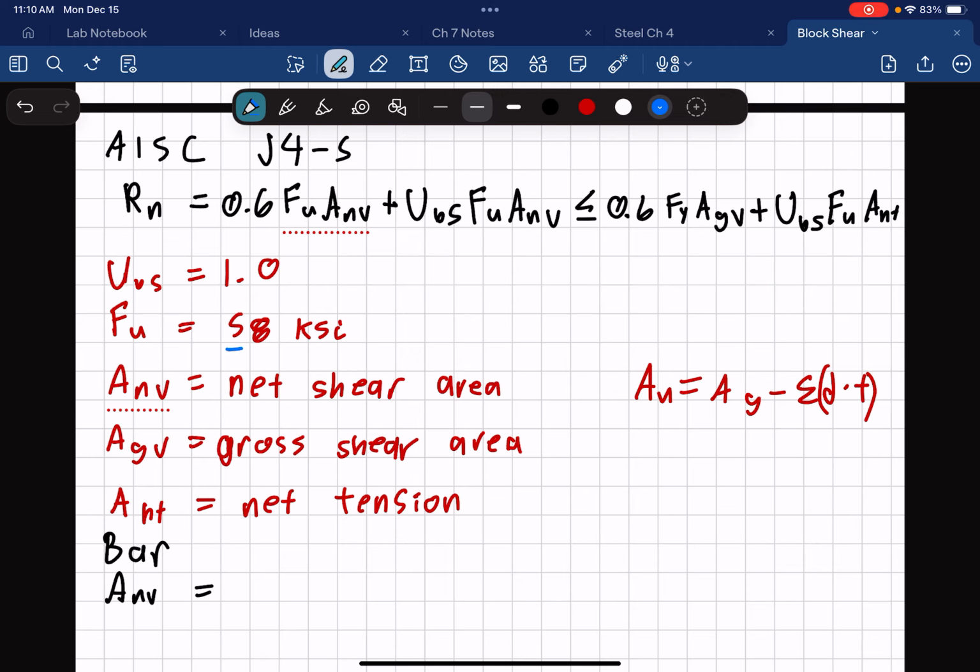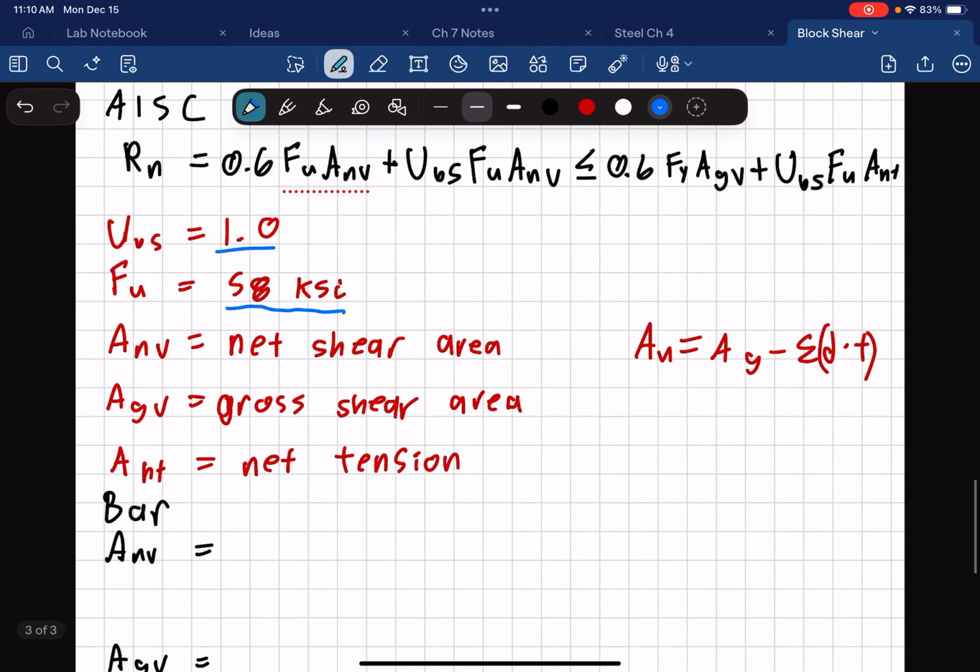Since we're dealing with A36 steel, we can say that we have 58 KSI, and then we have these three variables here. And actually, I realized just now that I miswrote one of those. This is supposed to be ANT, not ANB. But the same thing is still holding true.